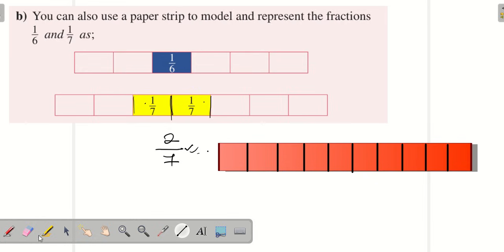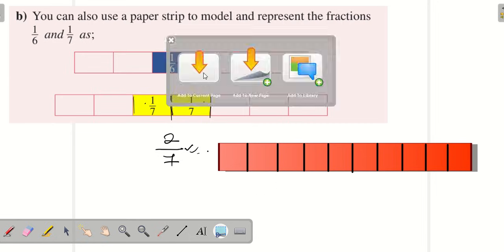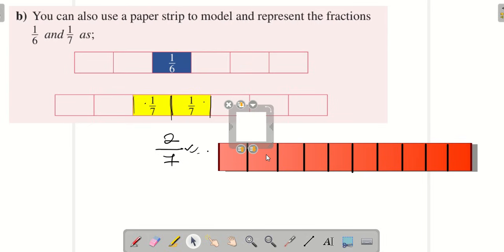Now let me shade some portions for you. So we have this part.